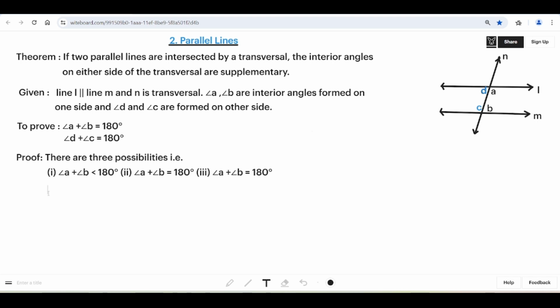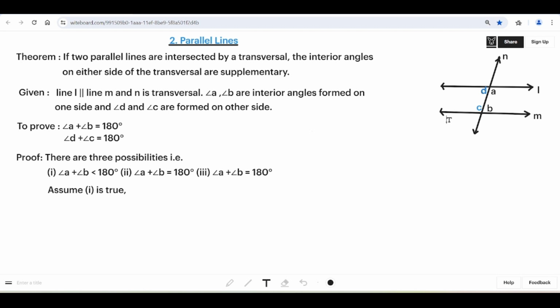Now let's assume the first possibility is true. According to one of Euclid's postulates, if the interior angles' sum is less than 180 degrees, then those lines go on intersecting on that side of the transversal.